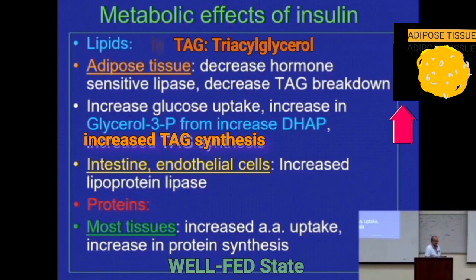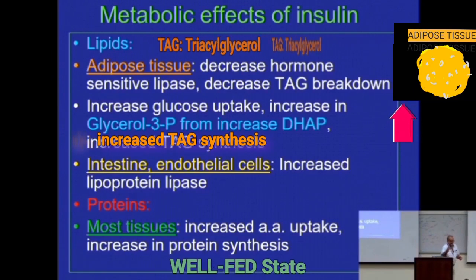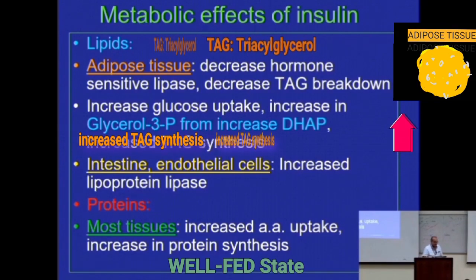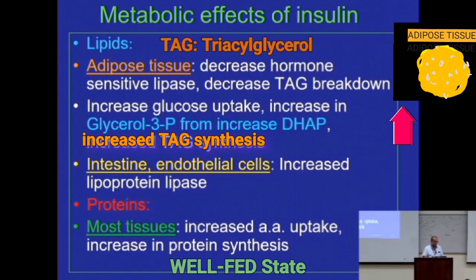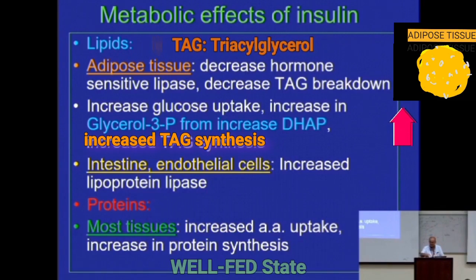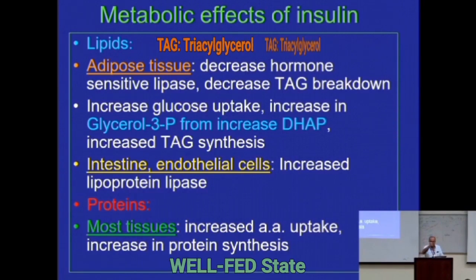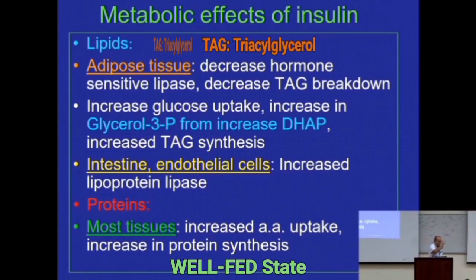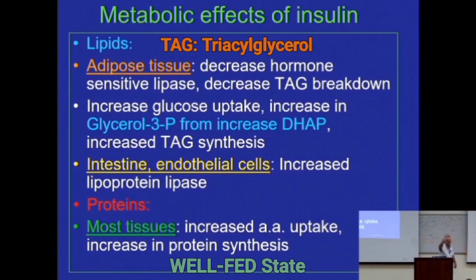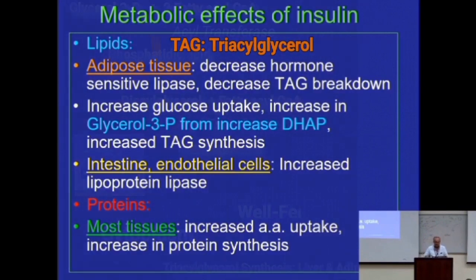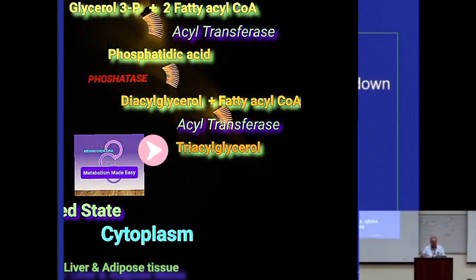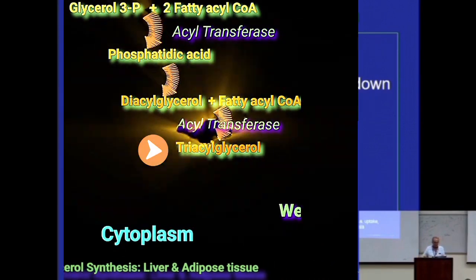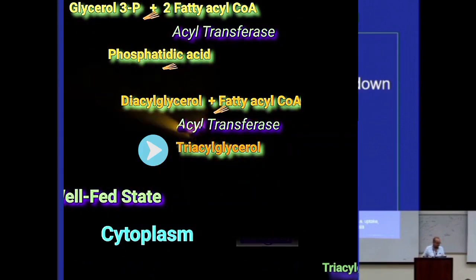And how are TAGs synthesized? You need fatty acids and you need glycerophosphate. The fatty acids are coming from the dietary TAGs, from chylomicrons. Lipoprotein lipase breaks them down, picks those fatty acids up into adipose tissue. Then they are esterified to glycerophosphate. Where is the glycerophosphate coming from?